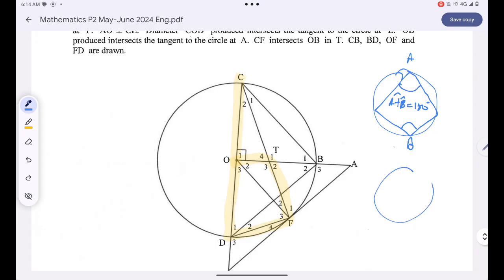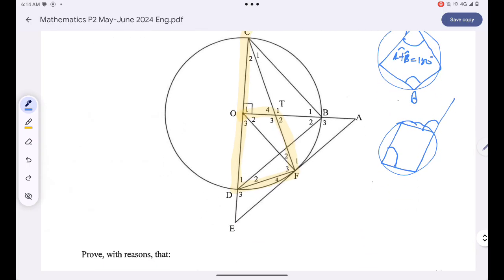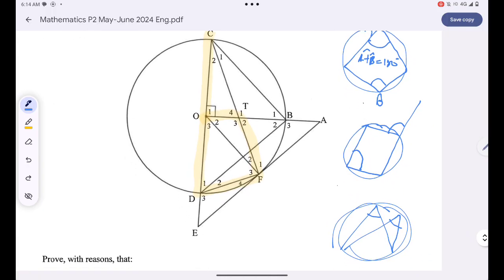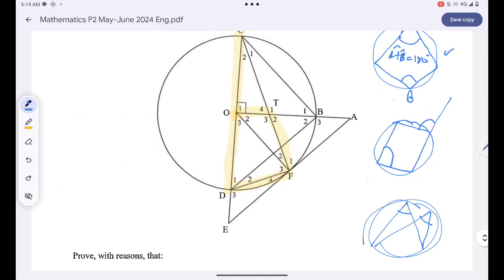Or if I can simply show that the exterior angle is equal to the interior opposite angle, that means that particular shape is a cyclic quad. Or if I can show that the angles in the same segment are the same, that means I can conclude that this is a cyclic quad. Are you together? So I need to prove that a particular shape is a cyclic quad by just showing one of the three things is true.